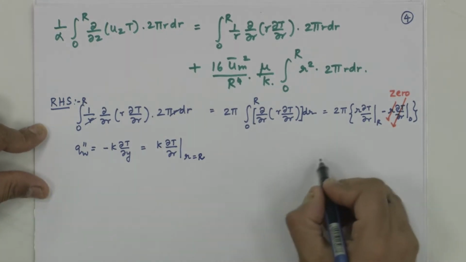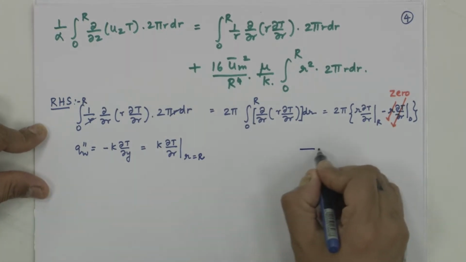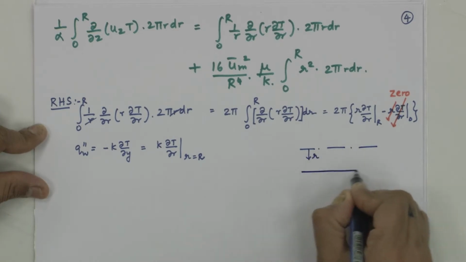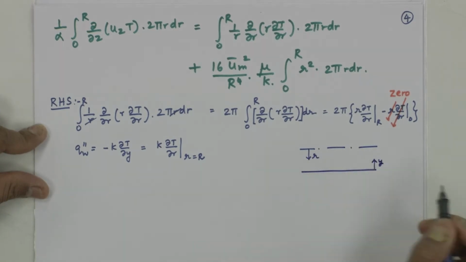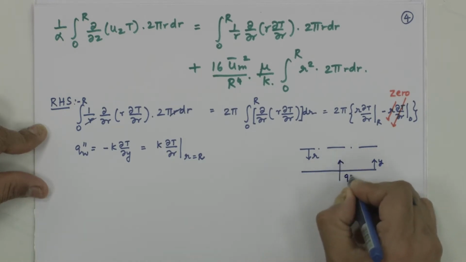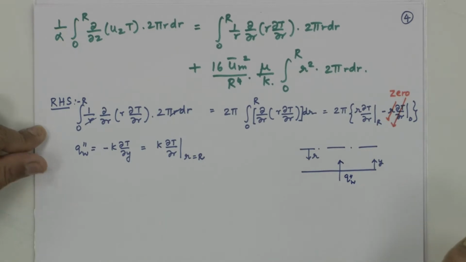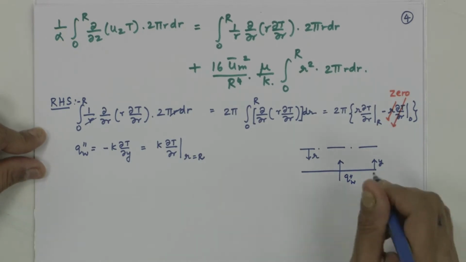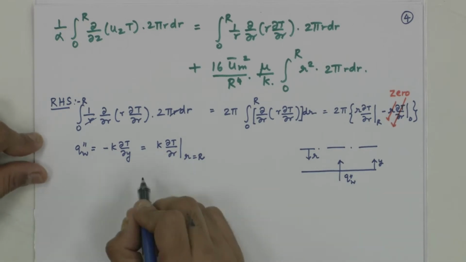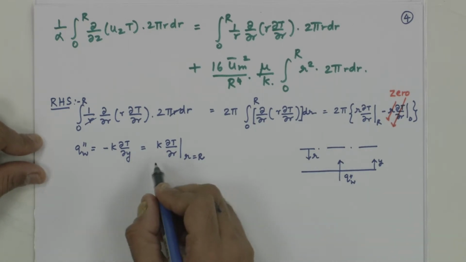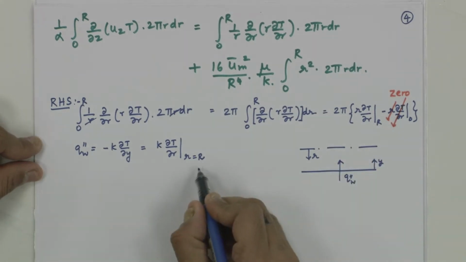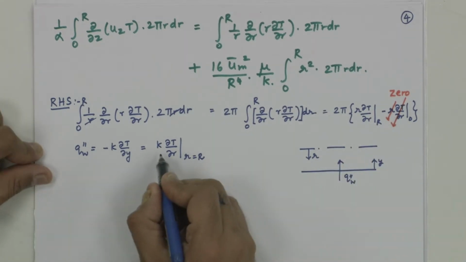Because the coordinate system is such that if this is the center line, this is my r, this is my y, so this is my coordinate axis, reversed this way, so the minus sign is lost. So, dT by dr, which occurs here at r equal to capital R, is nothing but q double prime divided by k.